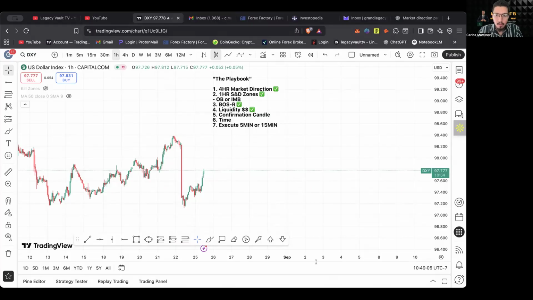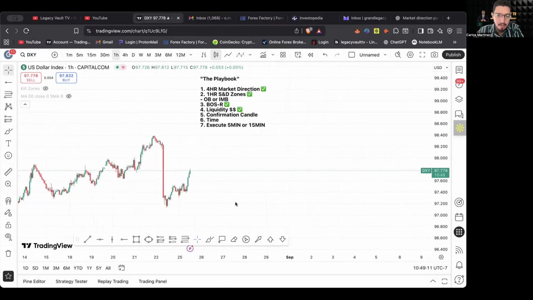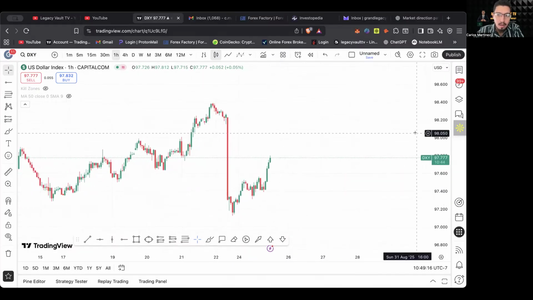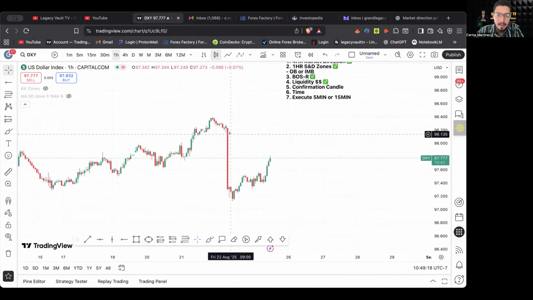We'll be going over some examples here to show you guys how to spot these liquidity pools. Here we can look at the dollar index. We can spot an imbalance here. This is liquidity. All of these are sell orders that push price down.